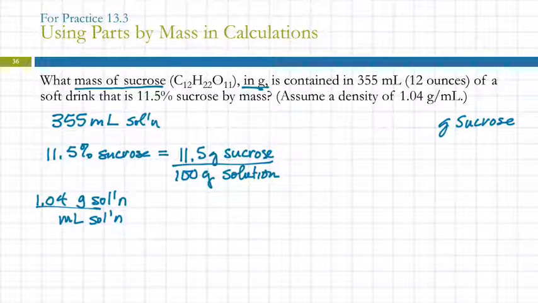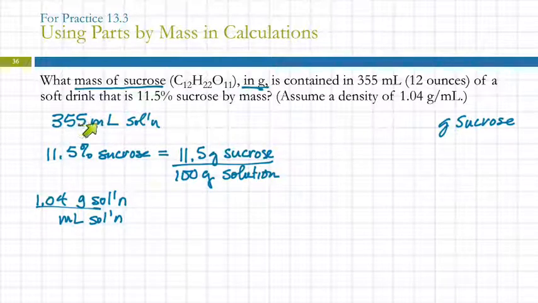Well, look at the units here. Expanding percent, this is grams sucrose per 100 gram solution. That looks like it could be used as a conversion factor. And this looks like a conversion factor. Can I use 355 milliliters as a conversion factor? 355 milliliters of solution per what? Okay, it doesn't work as a conversion factor, right? So this is what I want to start with.